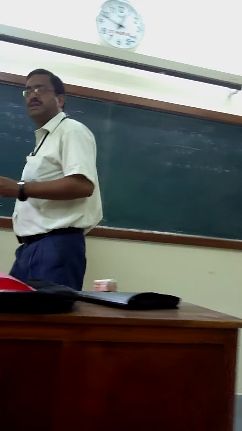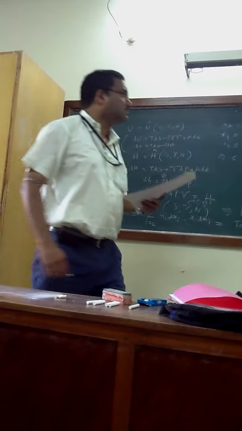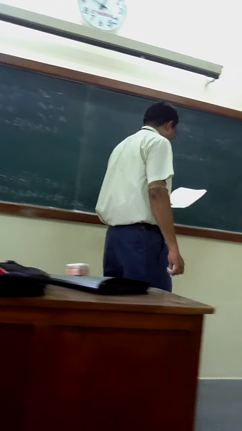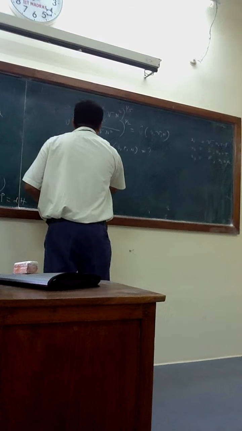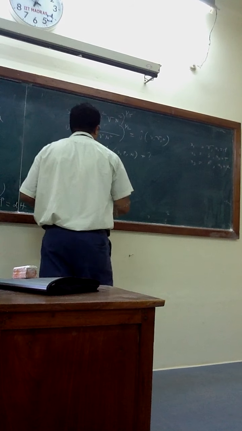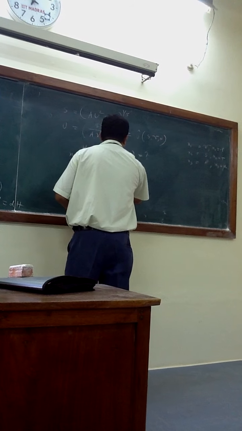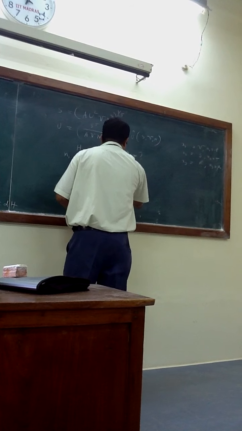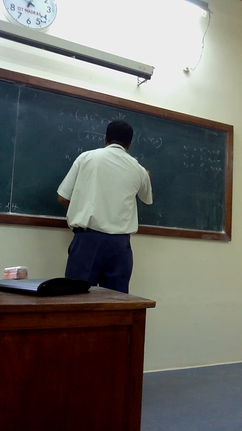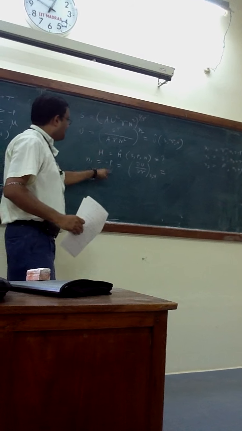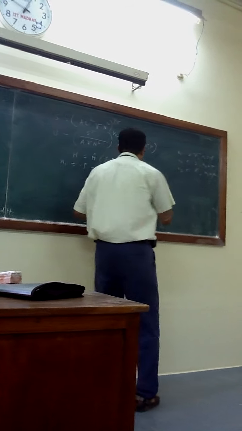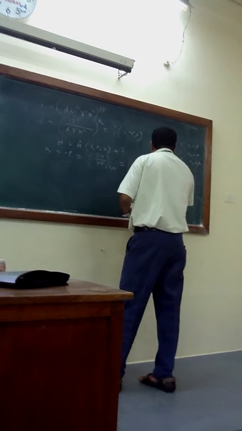Correct? These things are very straightforward. So when you say m1 equals minus P, what is that? Which is ∂U/∂V at fixed S, N. So compute from here, what do you get?